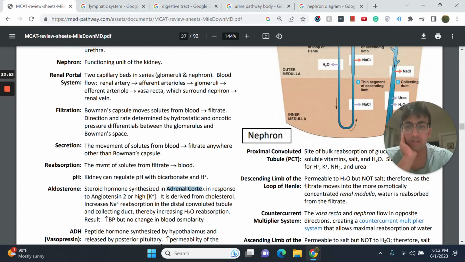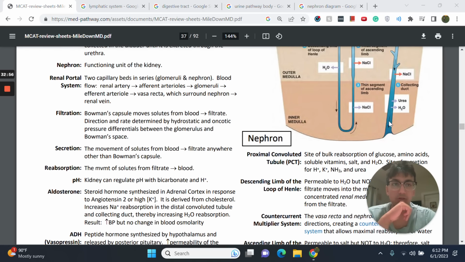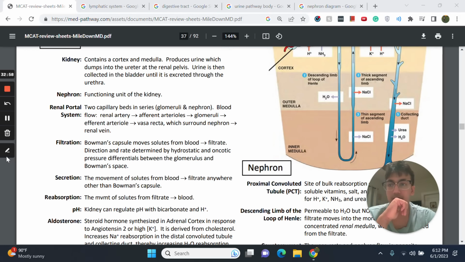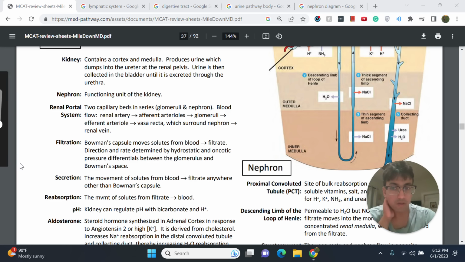Aldosterone is synthesized in the adrenal cortex, and it is responsible in this area, right? Aldosterone is responsible for making sure that potassium is secreted into the urine, and sodium and water are reabsorbed from the tubular fluid. That's what aldosterone does.